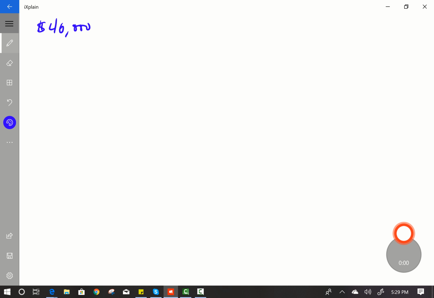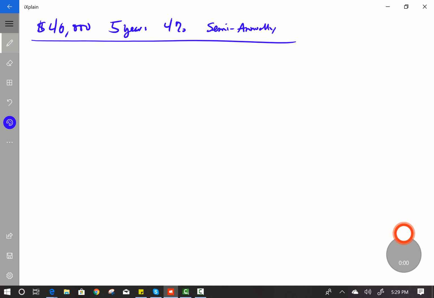Lee plans to repay Lorna at the end of 5 years with a 4% interest compounded semi-annually. How much will Lorna receive at the end of 5 years?